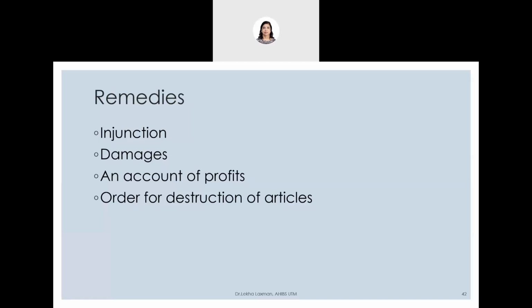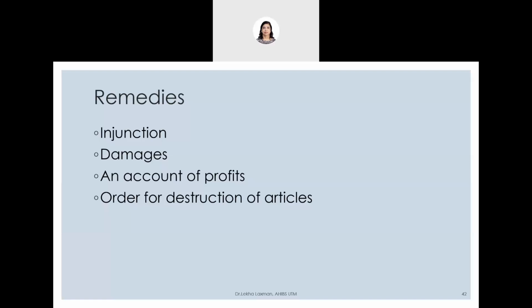The next remedy, which all of you have already studied in the context of contract law, is damages. Damages basically means that you are going to claim for any kind of loss that your business has sustained as a result of the infringing act. And the third is an account of profits.